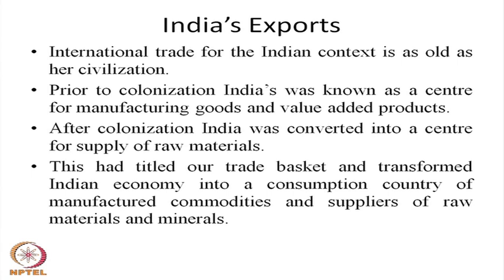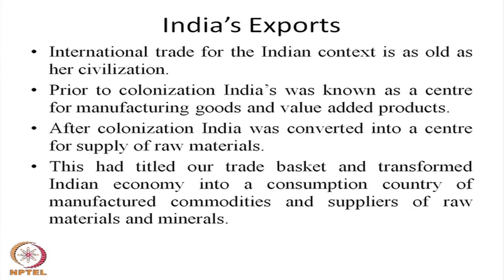During the time of early civilization, India was known as a center for manufacturing goods. However, prior to colonization, India was known as a center of manufacturing for goods and value added products.